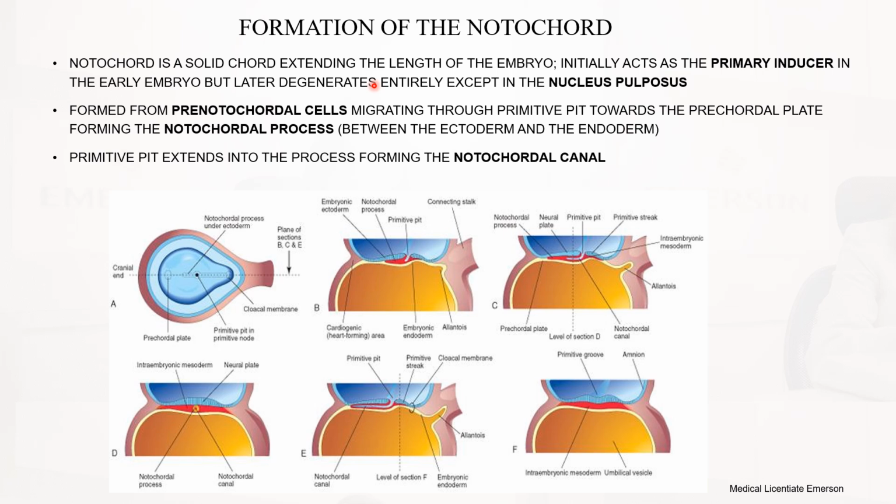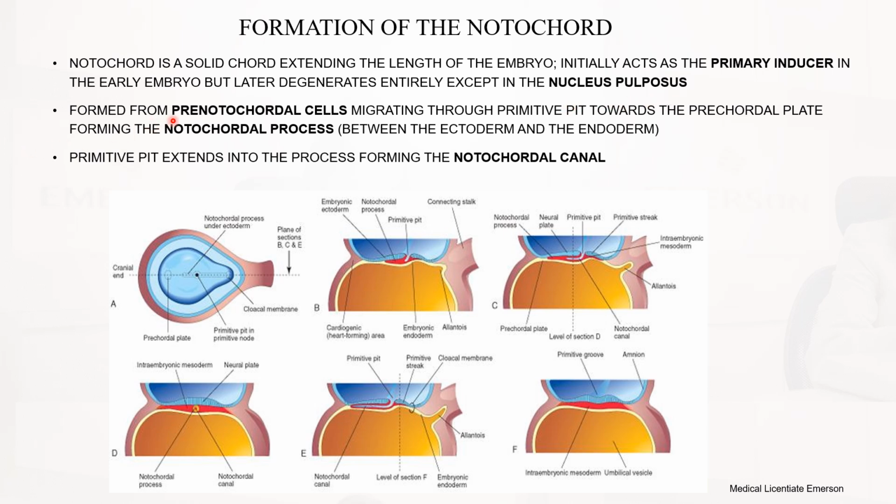Okay, let's go to formation of the notochord. So the notochord is a solid cord extending the length of the embryo. It initially acts as the primary inducer in the early embryo, but later degenerates entirely except in the nucleus pulposus.